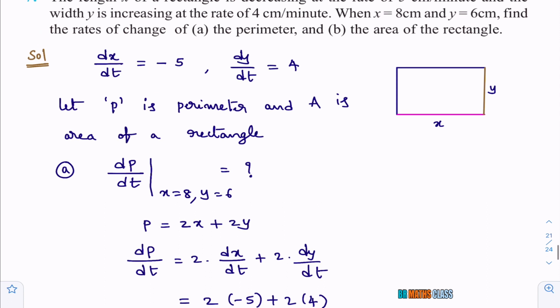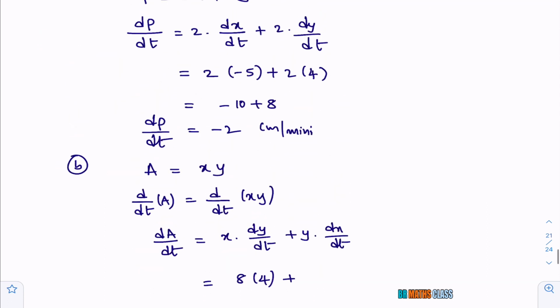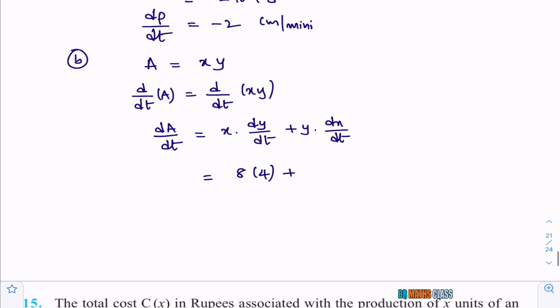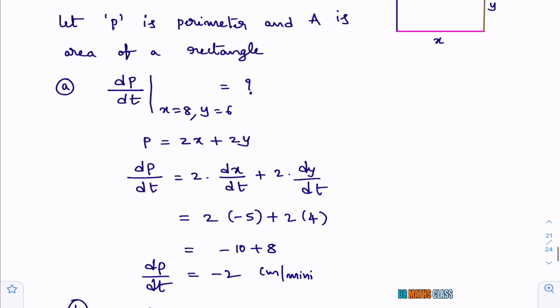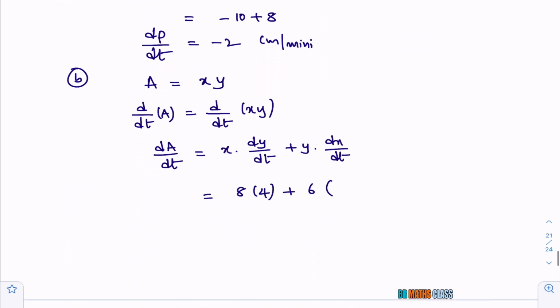What is dy by dt? dy by dt is 4, plus y. y is 6, given in the question. dx by dt, in the question only they have given, dx by dt is minus 5. Okay, I'll simplify this. What you will get? 8 4s are 32 minus 6 5s are 30, that equals 2.